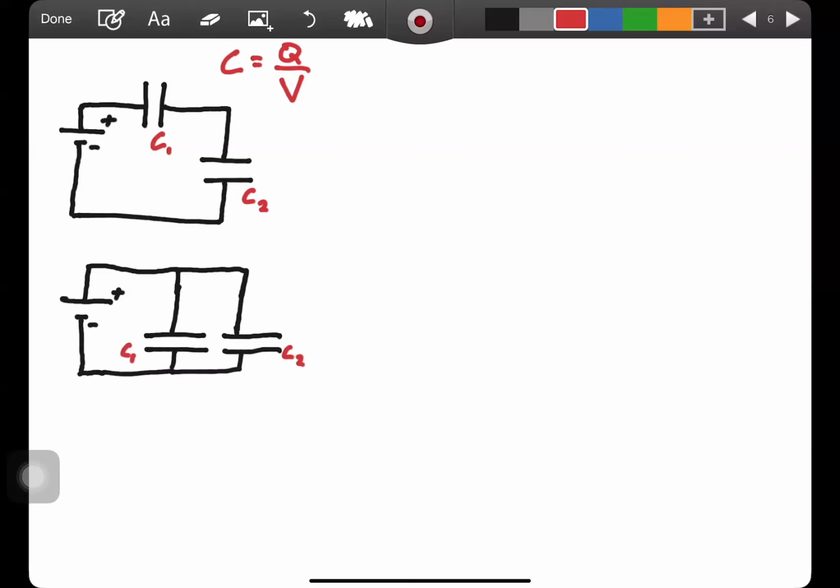Now, if you notice, in that case, the voltage drop across each of those capacitors is the same. And that's the definition of parallel, that the circuit elements are subjected to the same voltage drop across them. So it's not the same voltage drop in the first case, that's series, it is in the second case. And I'm going to show you how you can simplify both of these circuits.